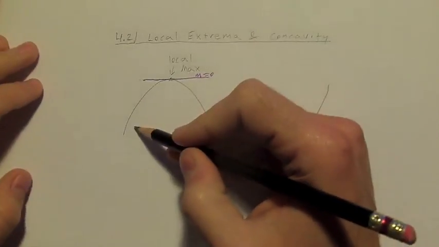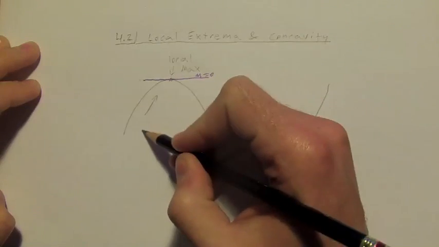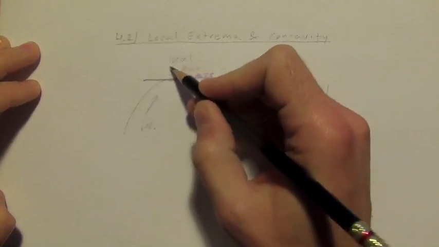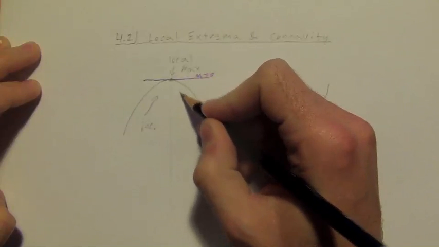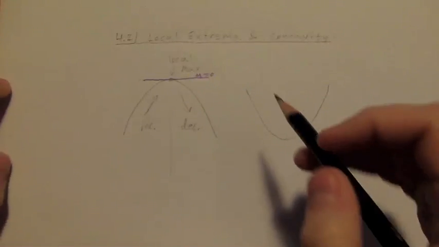But specifically, a local max happens when f goes from increasing to decreasing. So in other words, it's a specific type of turning point. We usually call these turning points where the graph changes from increasing to decreasing.